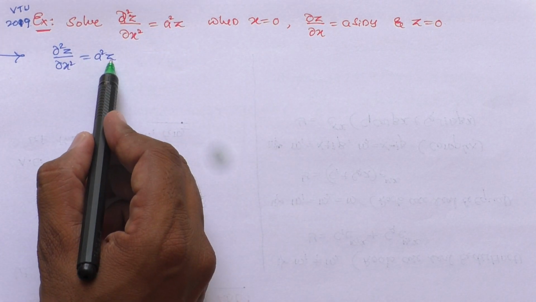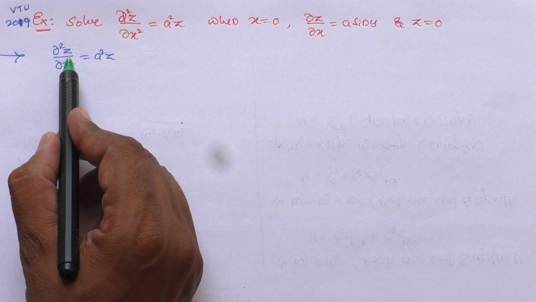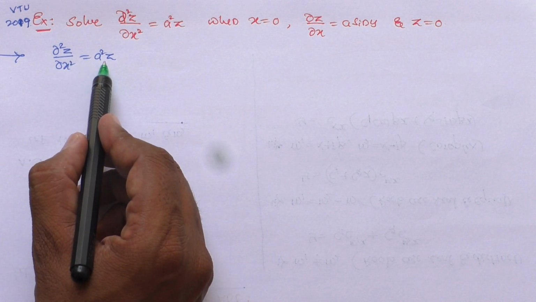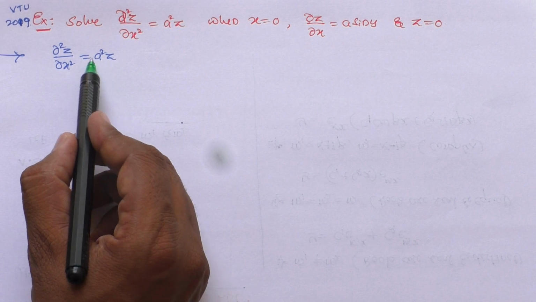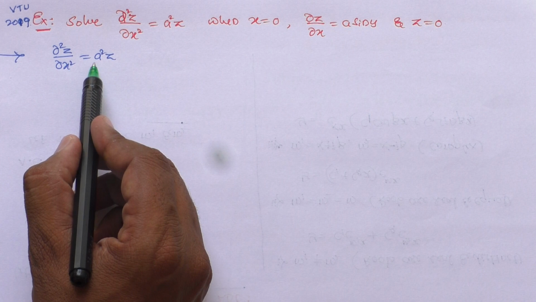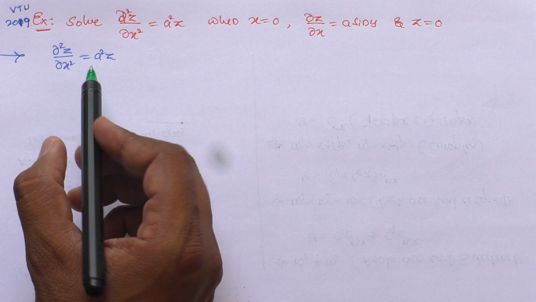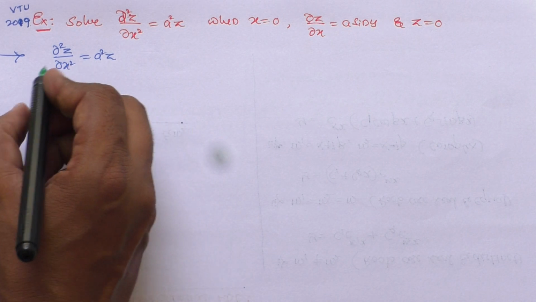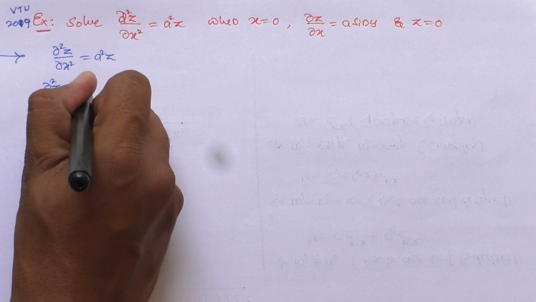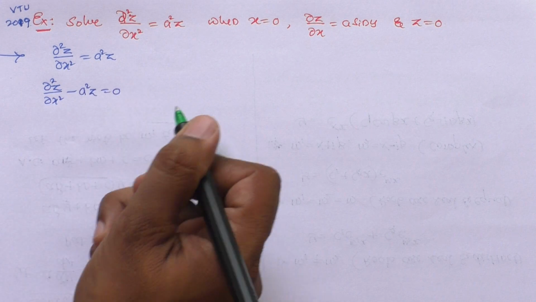Now it is having only z and its derivatives, that's why we call it a homogeneous PDE. If homogeneous, we apply the method of solving linear differential equations. Take this side: dou square z by dou x square minus a square z equal to 0.